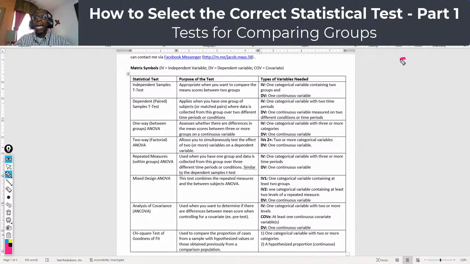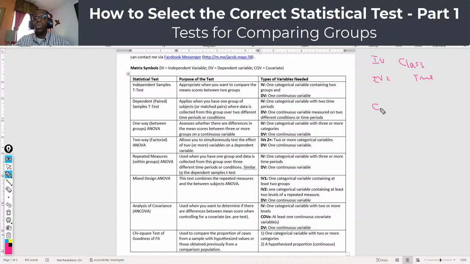So we've got class, right, is IV1 and IV2 is time. Got to have at least 2 time periods.